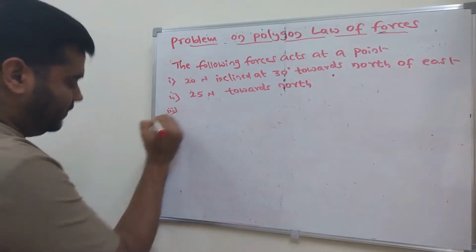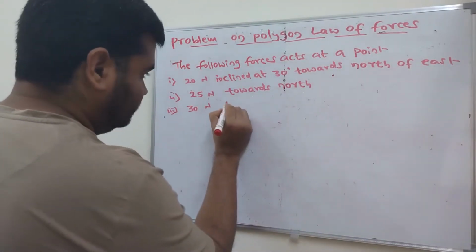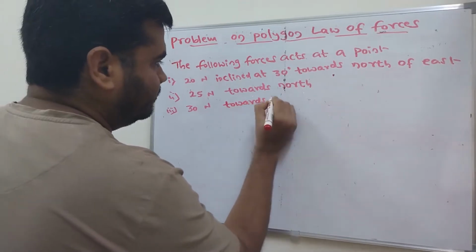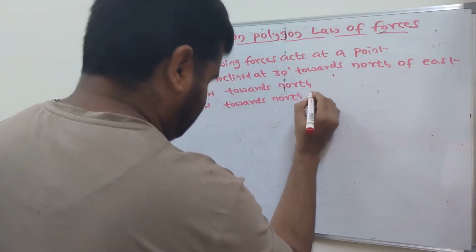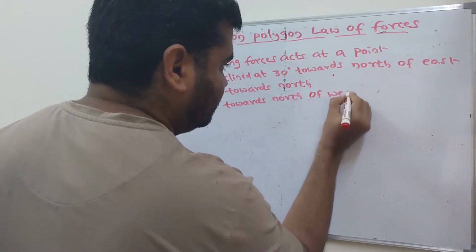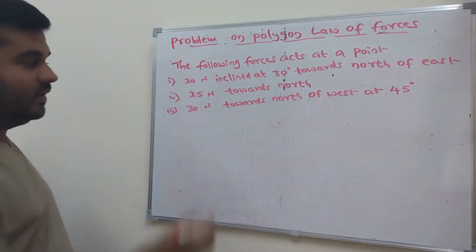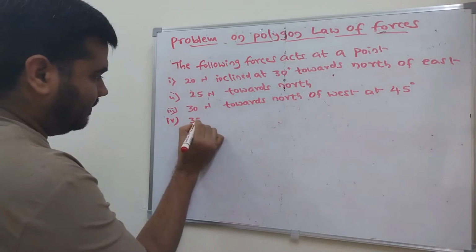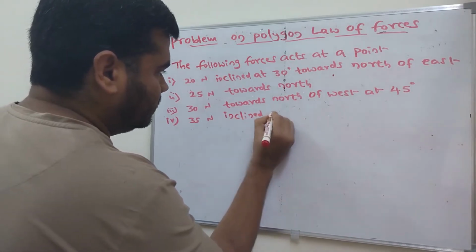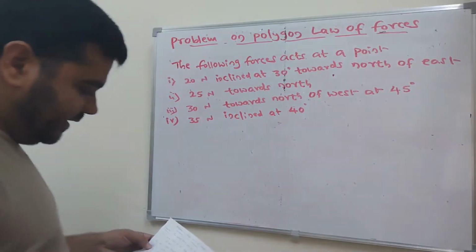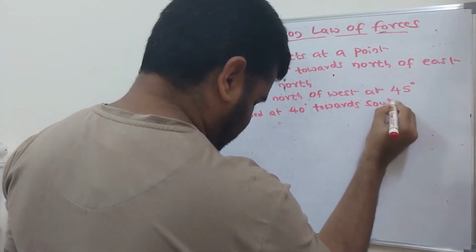The third force is 30 Newton towards north of west at 45 degree. The fourth force is 35 Newton inclined at 40 degree towards south of west.